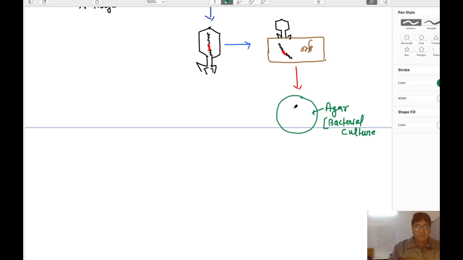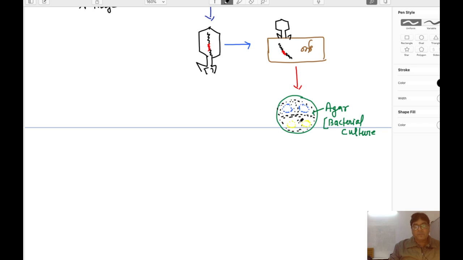So the plaques of the phages will be seen, and we notice that some of the plaques have blue colored phages, while others, which I can show with the yellow color, are colorless. That means they are not developing the blue color. And this black color is the lawn of the bacteria. That means bacteria are continuously multiplying along with the phages.